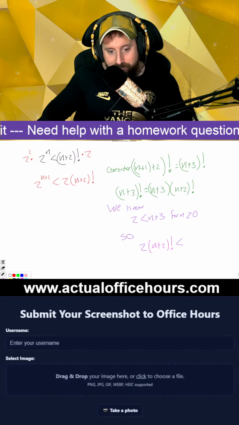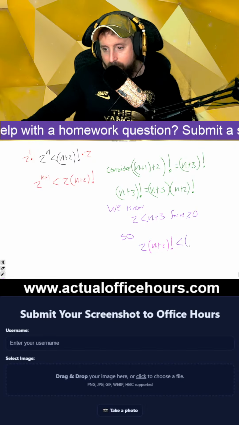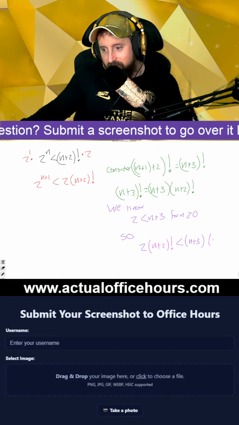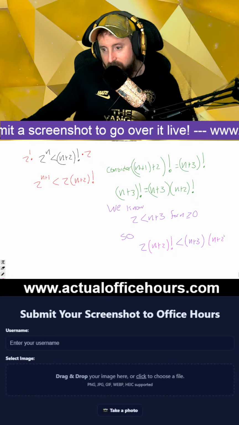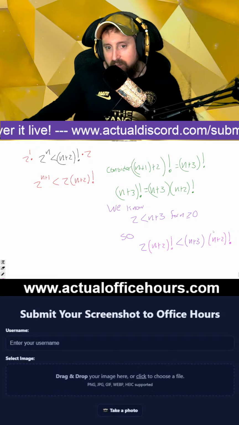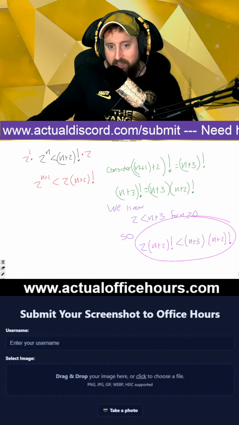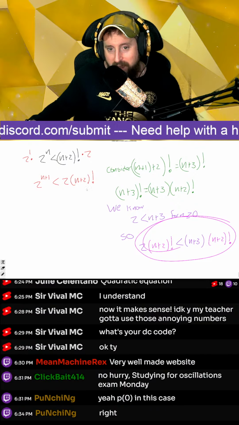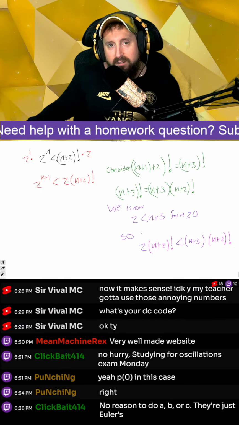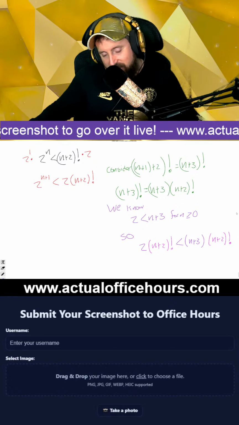n plus 3 times n plus 2 factorial. Right? Okay. And all of this, right, is still greater than, this is less than this.